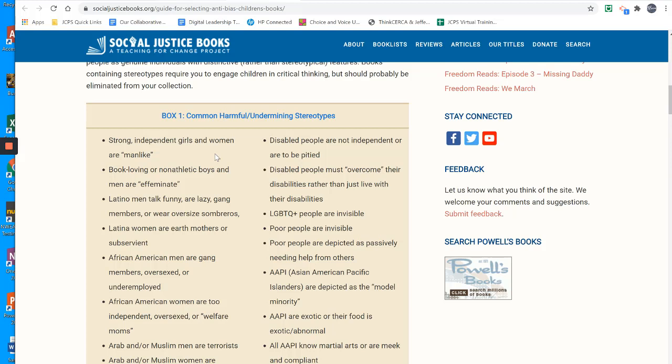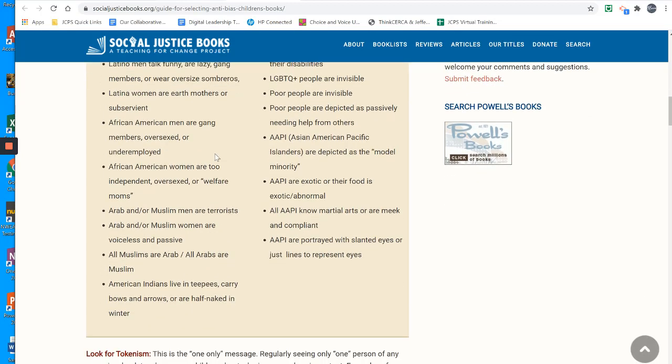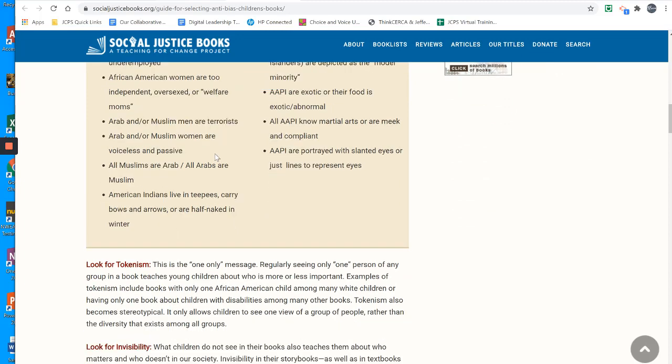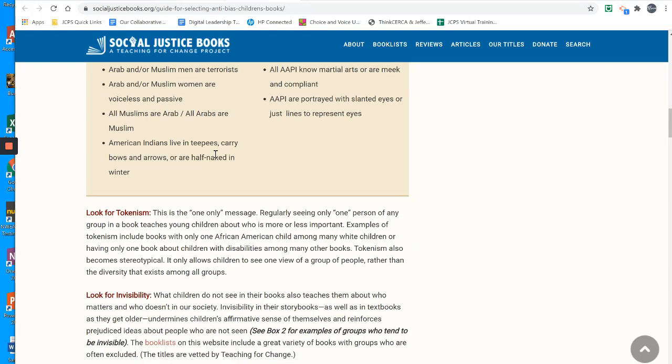If you skim that list, there are many things that pop out, and I know that we have encountered literature, movies, music, even our own opinions that embrace these harmful stereotypes. And so it's once again about moving from where we are on this journey to a better place, and a more anti-biased, anti-racist stance.